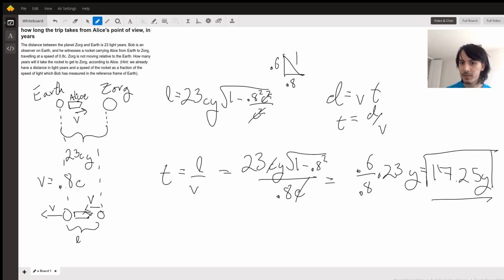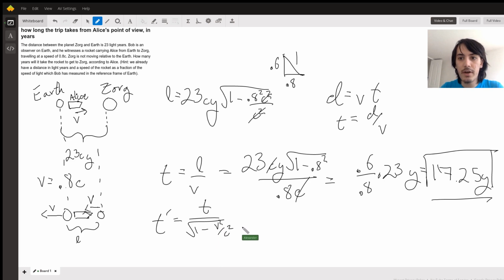An alternative way we could do this problem is using time dilation. So we know that for time dilation, it's kind of the opposite of our length contraction formula. We know that t prime equals t over square root 1 minus v squared over c squared.